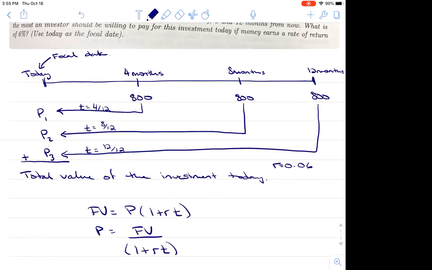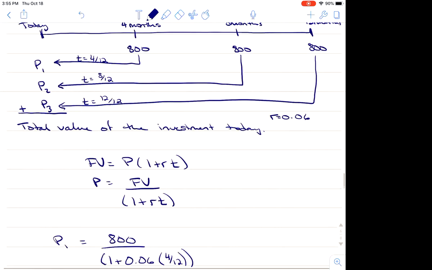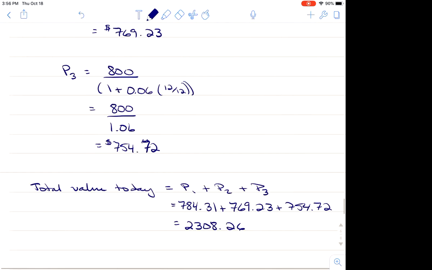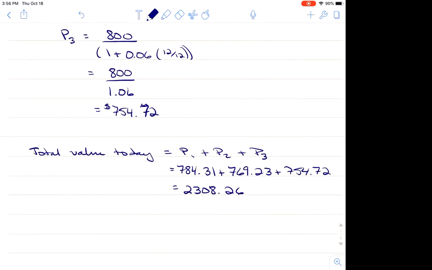That's a good deal, right? Because the value of 800 today is $2,308. So they're kind of paying you to get your money right away, and then you get a good deal in the return.